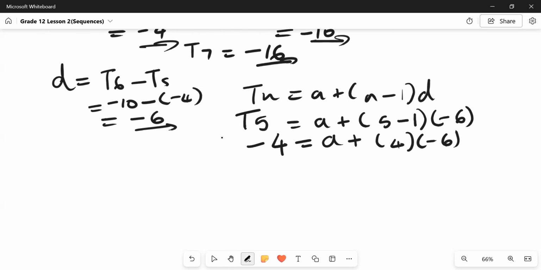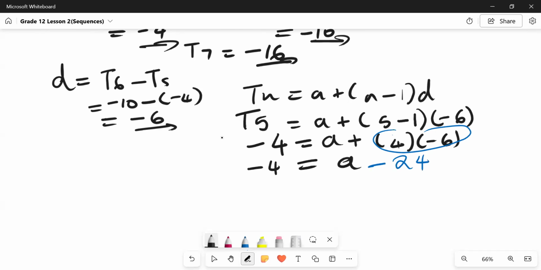And then we multiply these two to get minus 24. And then here we have your A minus 24. Right? And then now transpose.